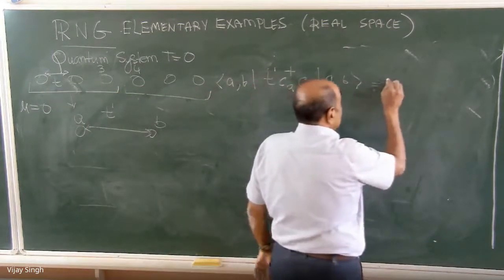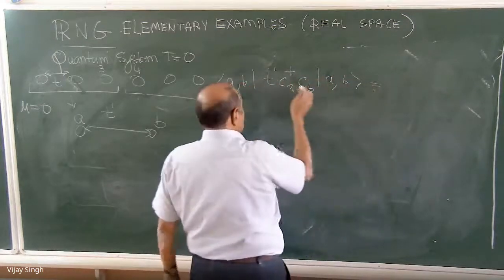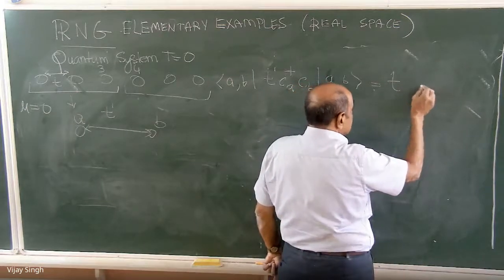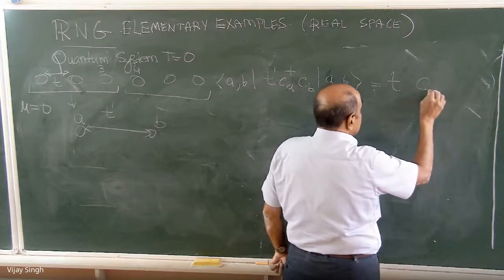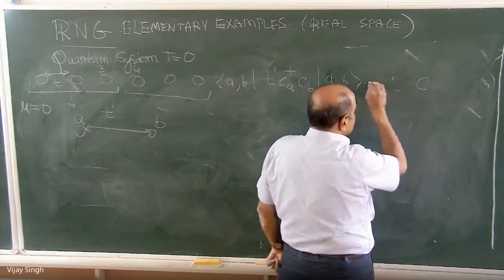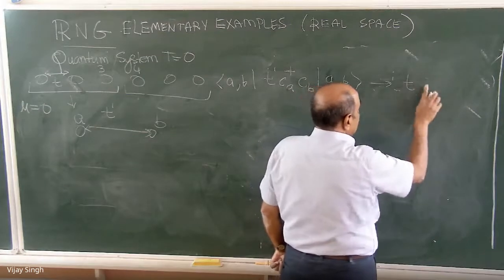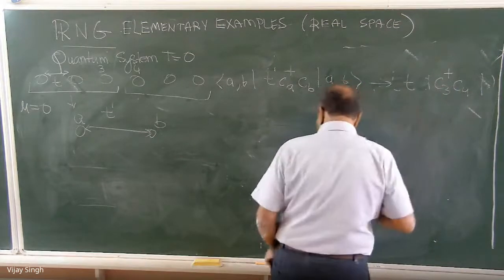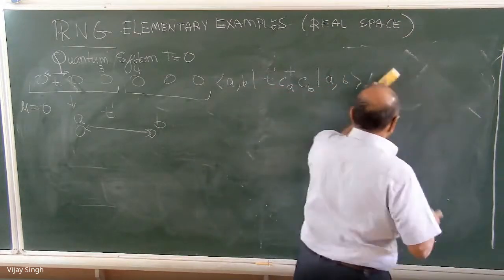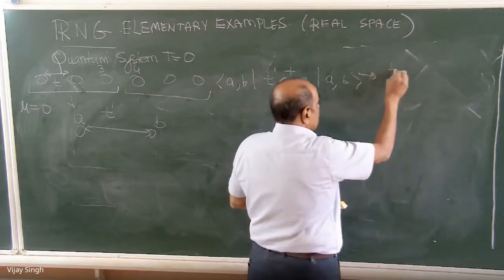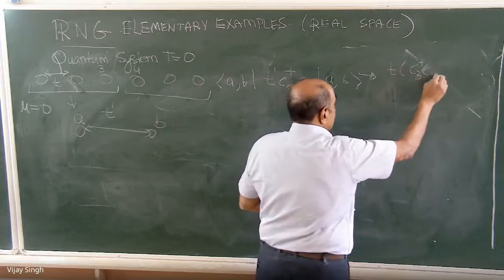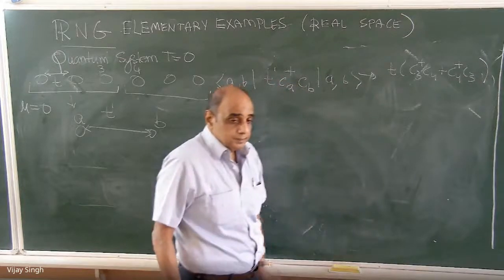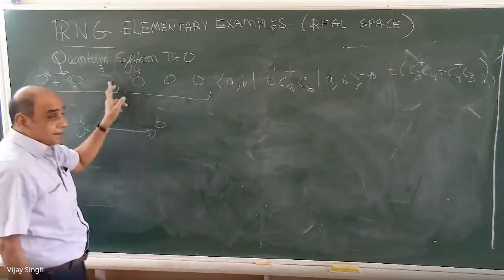This will be equal to say minus, so let's not worry about the sign, T. I need this connection to T, say into C3 dagger, C4. Can I just rewrite this? No, I've not done a good job here. I should say that this is equal to C3 dagger, C4. So it's basically going to connect these two.